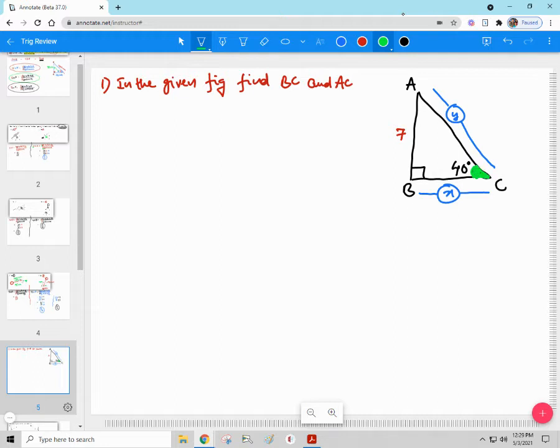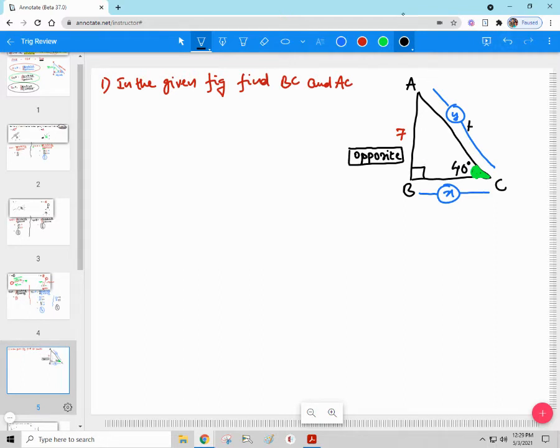And next, please label this one. I see that this is the opposite side. And next one. You know that the side opposite to 90 degrees is the hypotenuse.